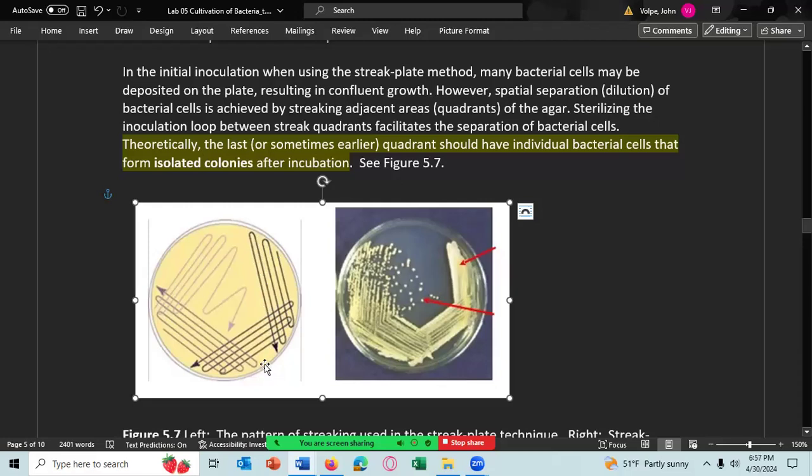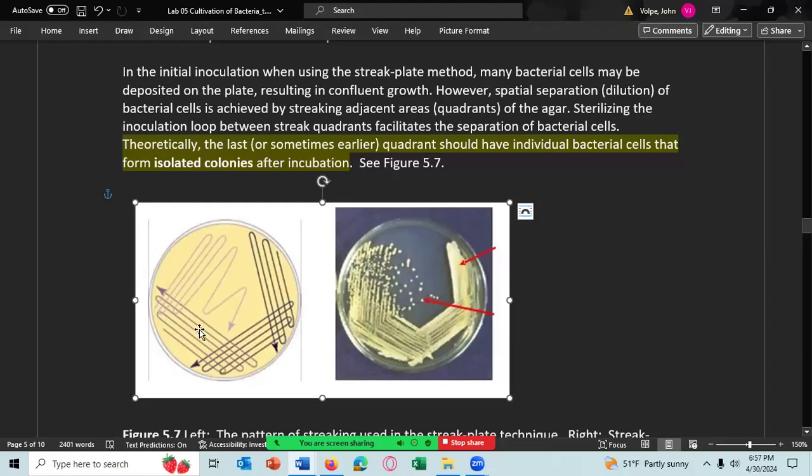And to streak out quadrant 2, you start in quadrant 2, go into quadrant 1, but you don't go into this region or that region because this is where the cells are most dense. You want to go in quadrant 1 where the cells are lower in density. And so that would be this streak and that streak and that streak, not this streak and that streak. Any question about that?